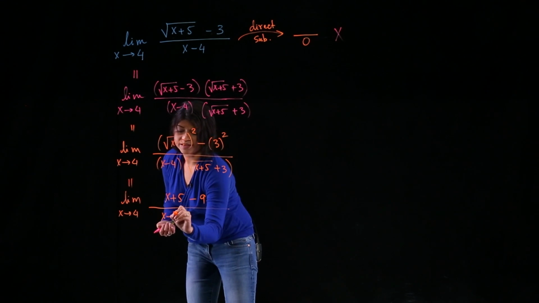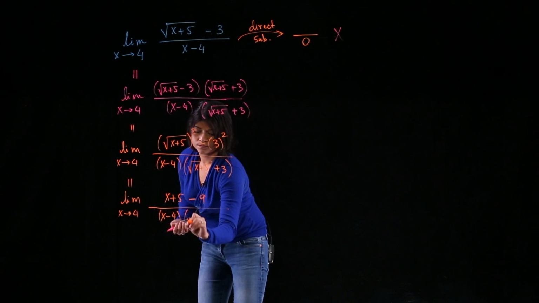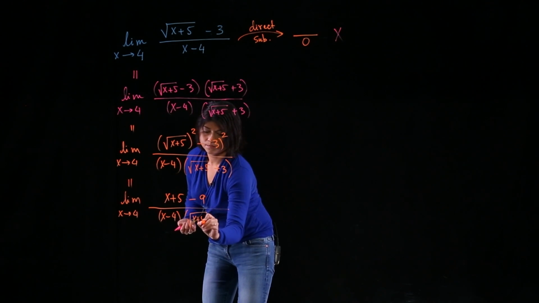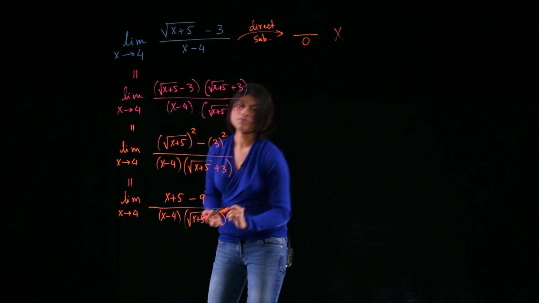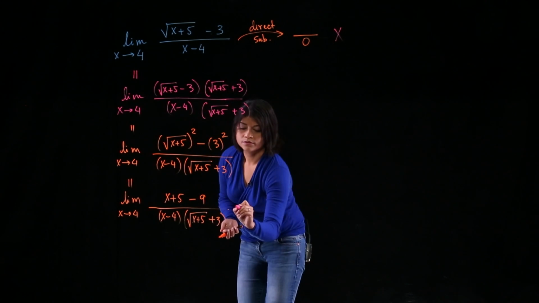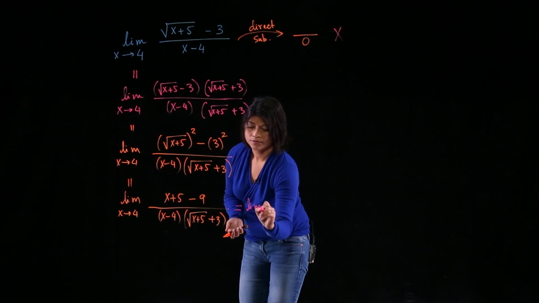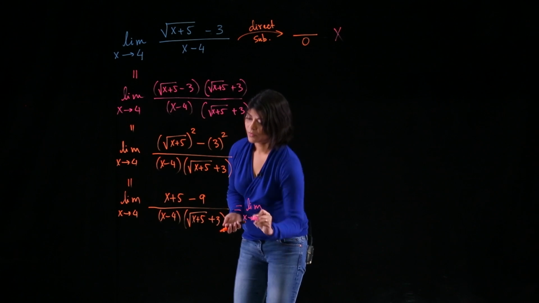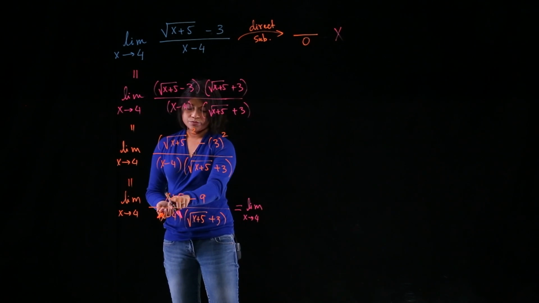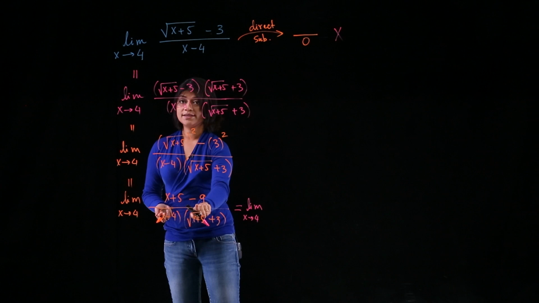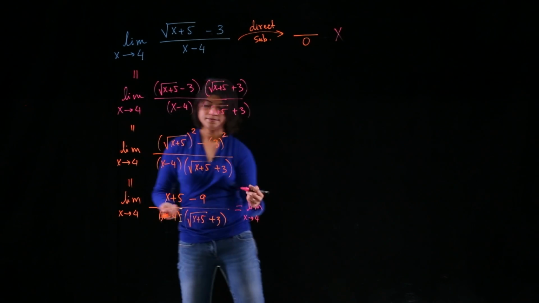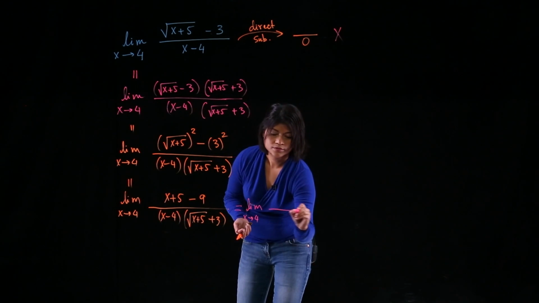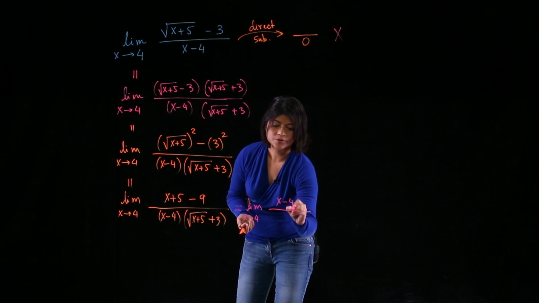Again, the denominator remains as it is. All right, let's continue. In the numerator, we have x plus 5 minus 9. 5 minus 9 is negative 4. So we have x minus 4.